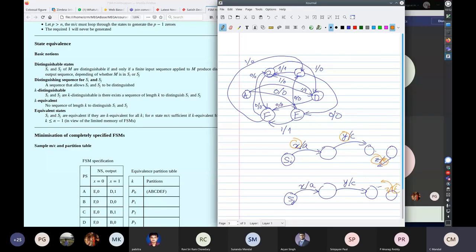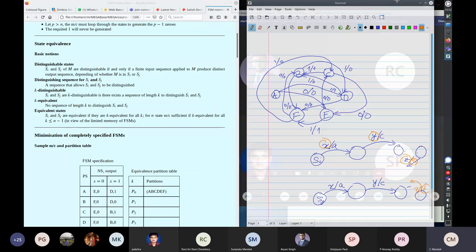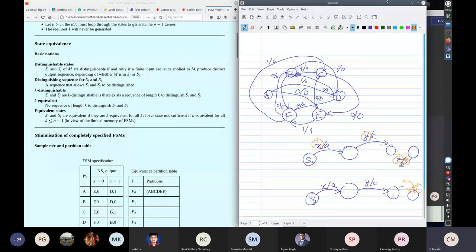So long as you can find two sequences which lead to different outputs for the same input, then you can say that these two states are distinguishable. So that is what is being said here. Si and Sj of M are distinguishable if and only if a finite input sequence applied to M produces distinct output sequences depending on whether M is in Si or Sj.